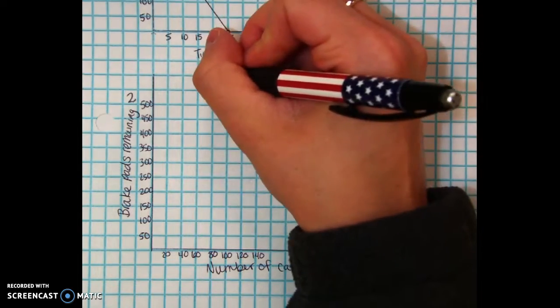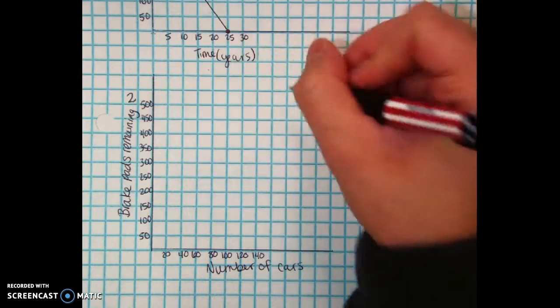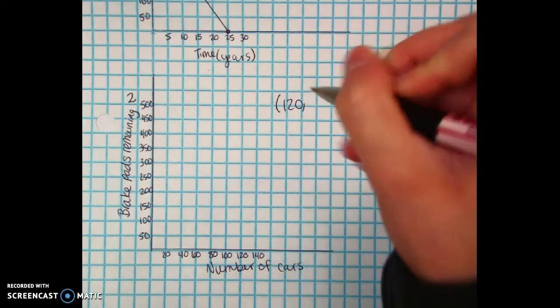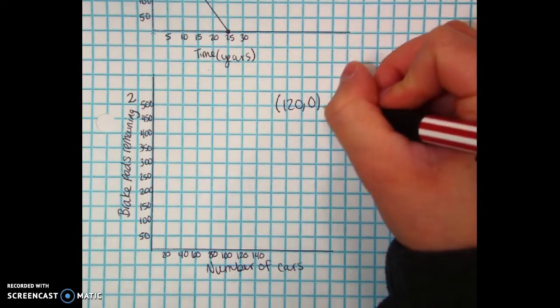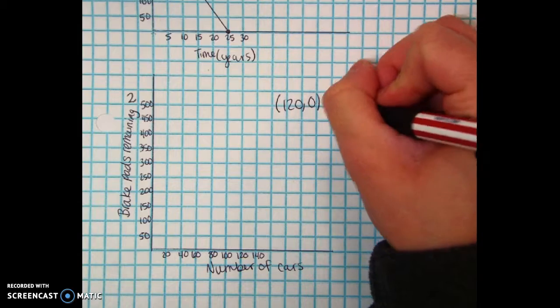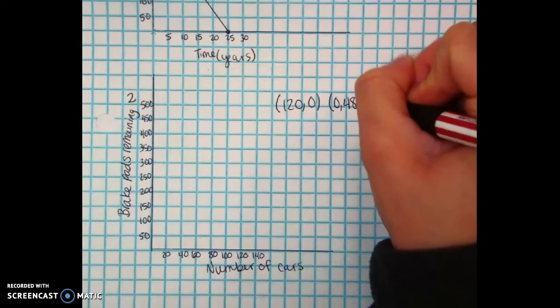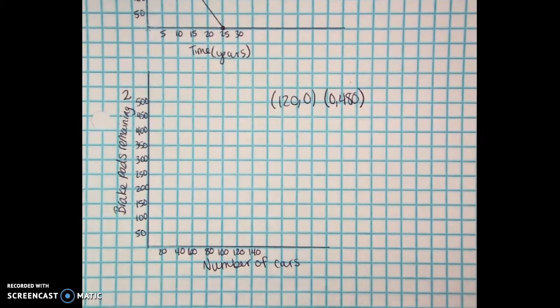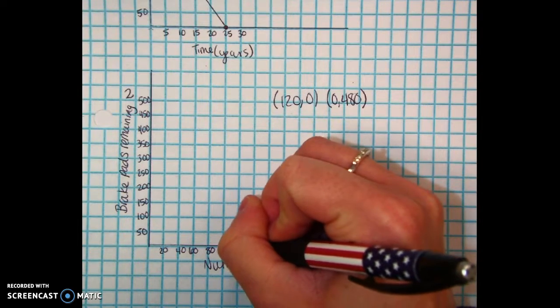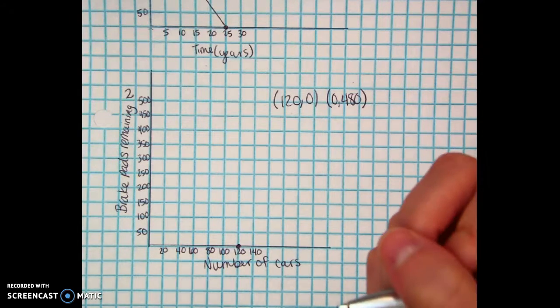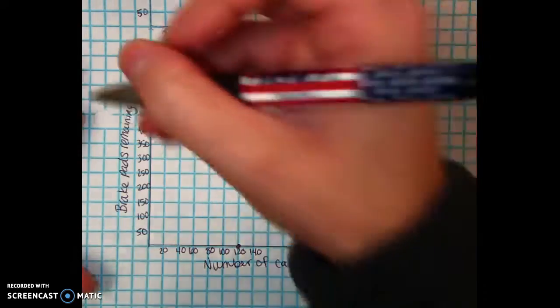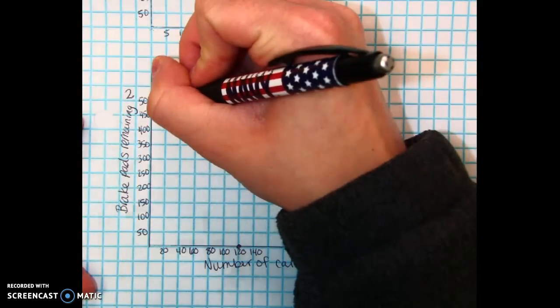So again, our points are 120, 0, and 0, 480. So 120, 0 is right here, and 480 we're going to kind of have to estimate a little bit. So I'm going to say it's right about there.